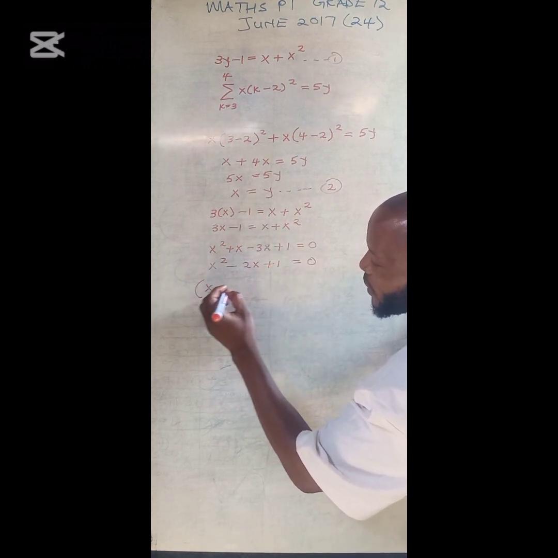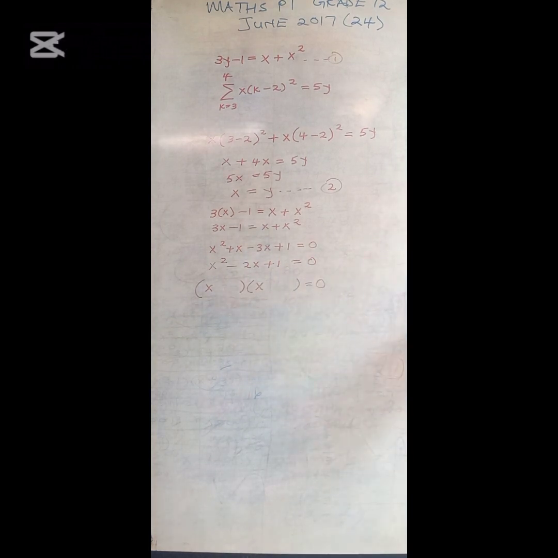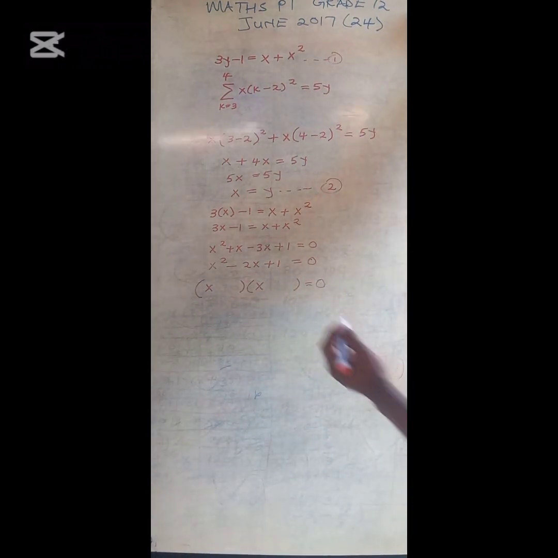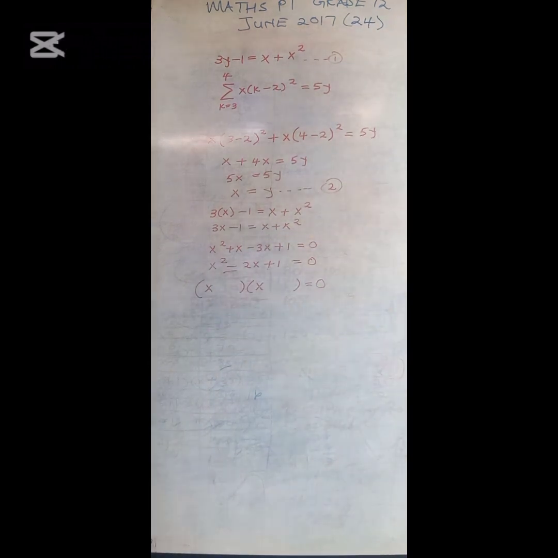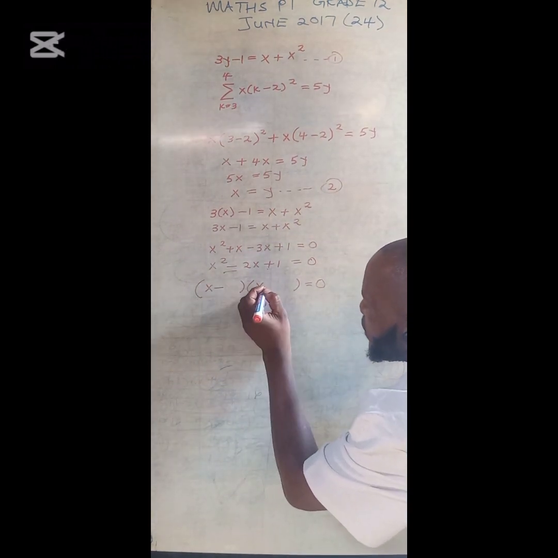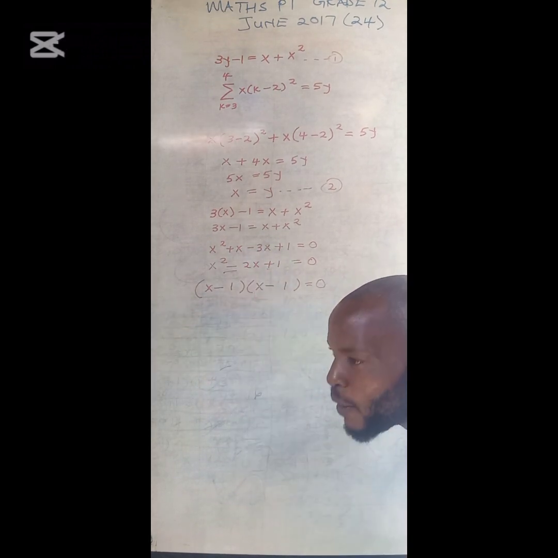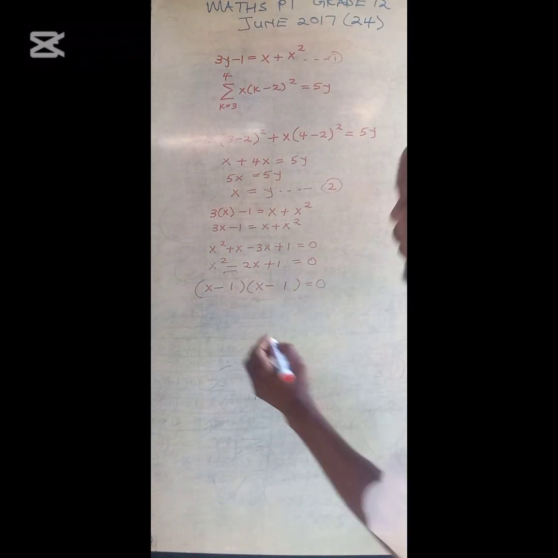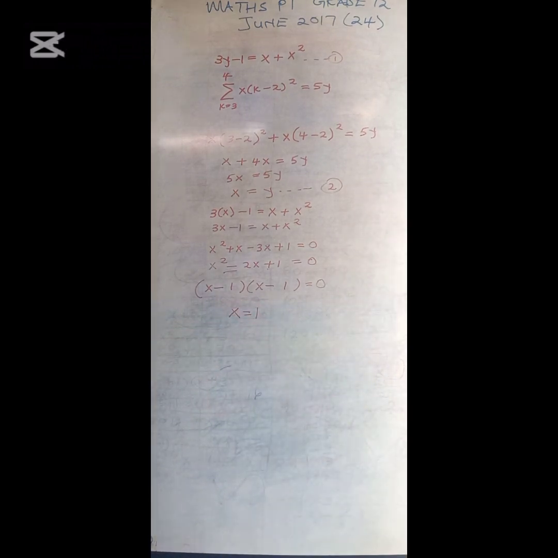The factors: a is 1, so the factors of the first term will be x and x. The last term is positive, so our signs will be the same. They are both going to be negative. The factors are 1 and 1. This is a perfect square trinomial, right? If you try to check the nature of roots, you will get that the discriminant is equal to 0.